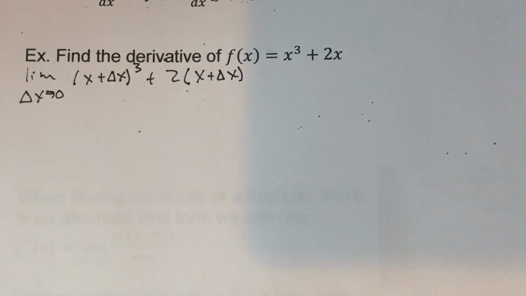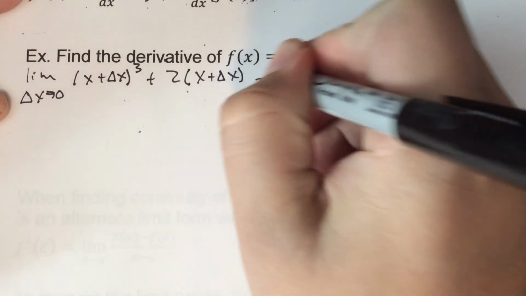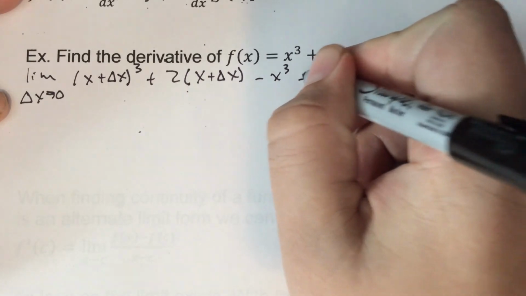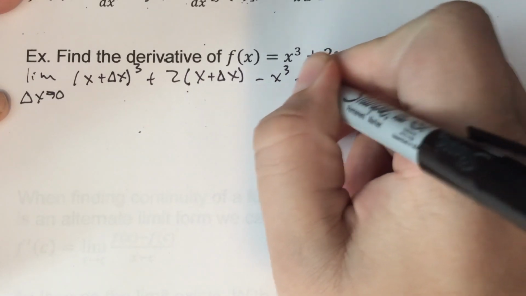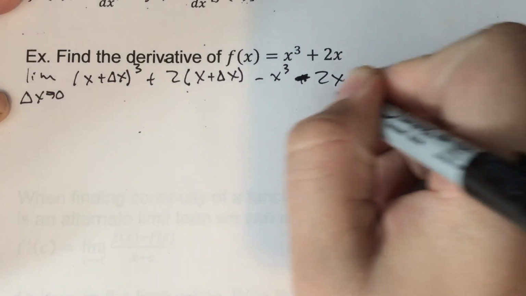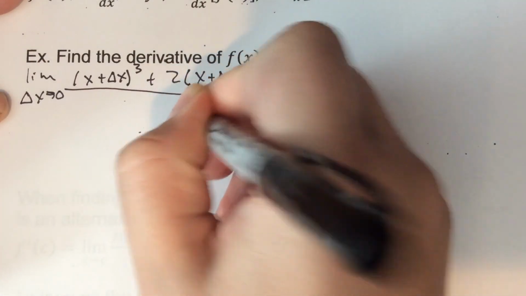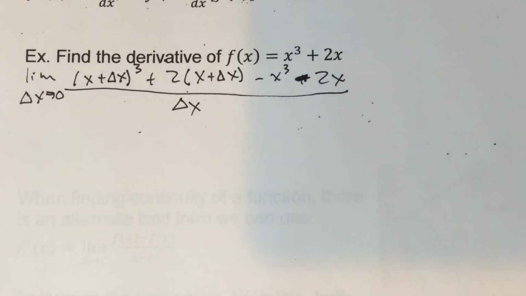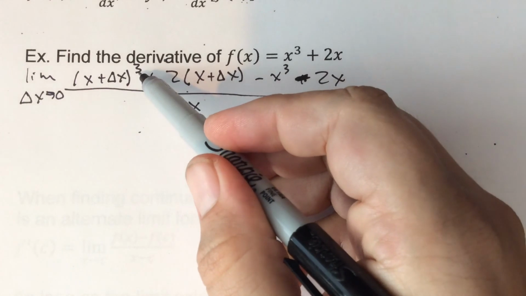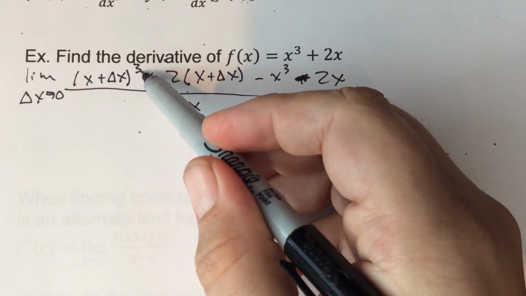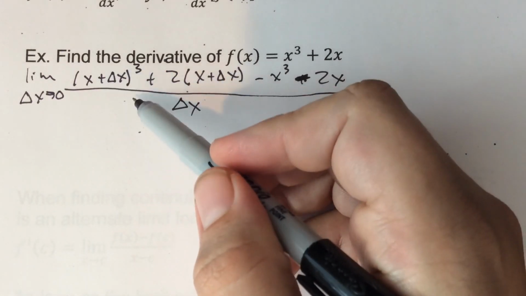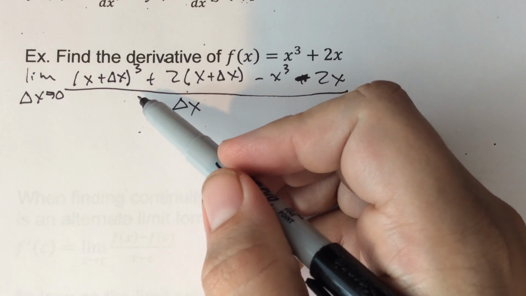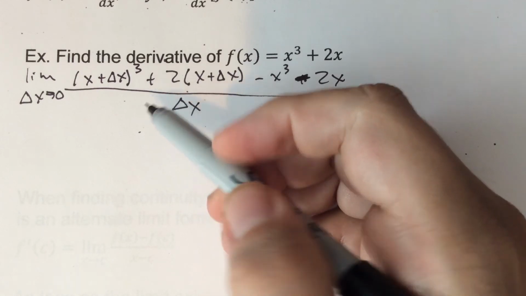So both of our terms have an x in it, so we have to sub in x plus change of x for that x. From there, we would subtract our original, so minus x to the third, minus your 2x. And it's all over a change of x. So again, we're not just going to distribute this cube into both. We have to cube that out, which it's going to go to this.